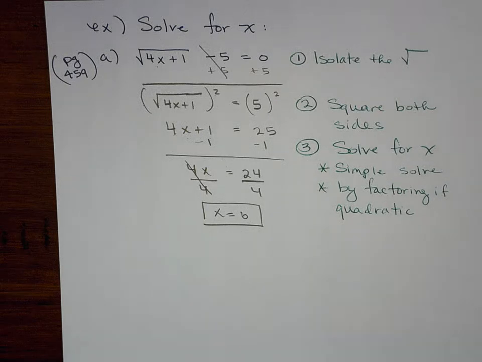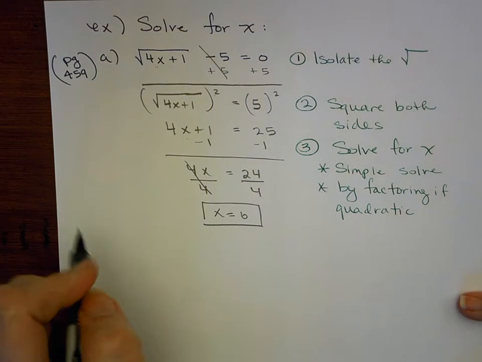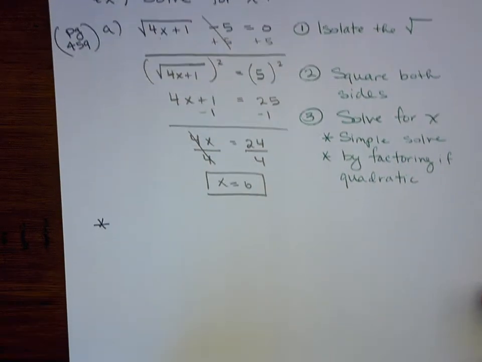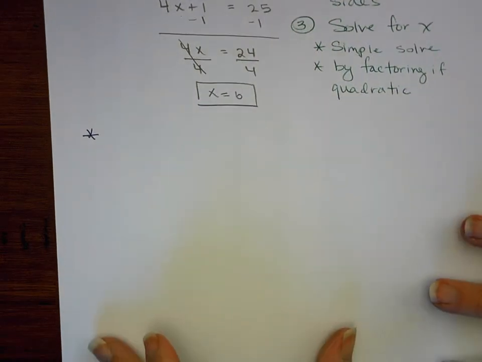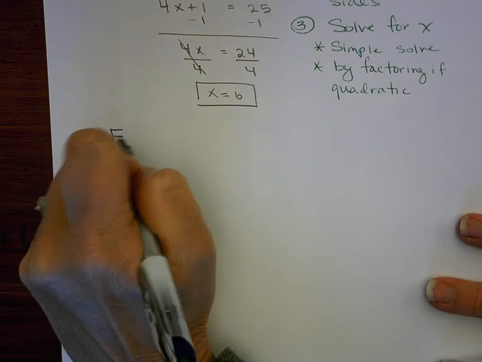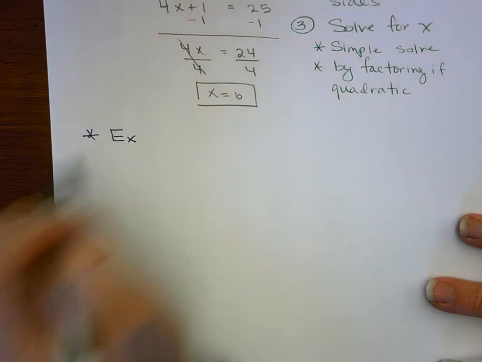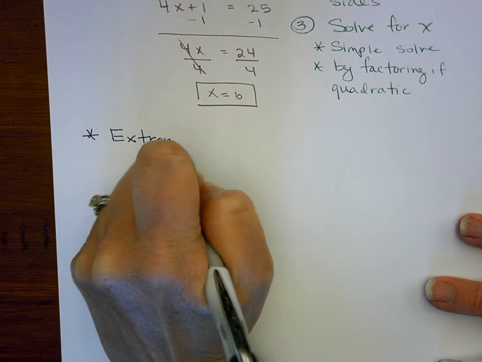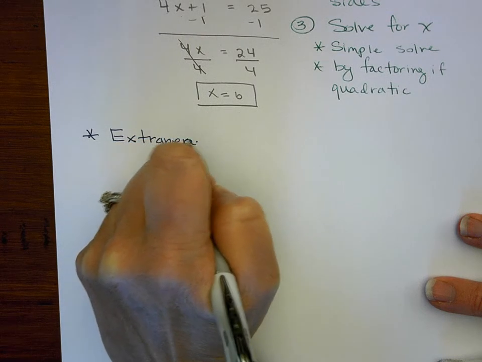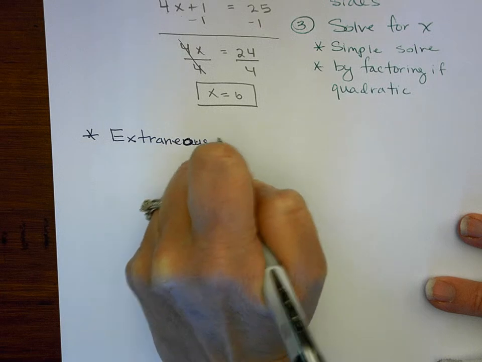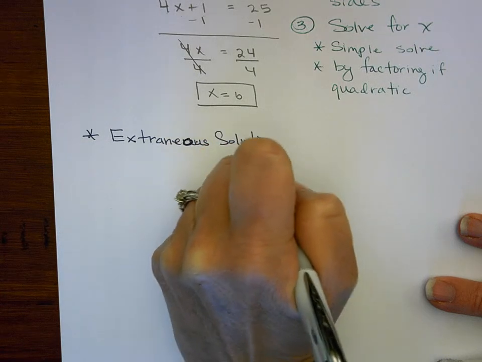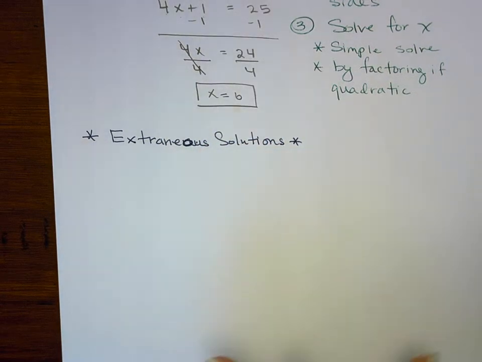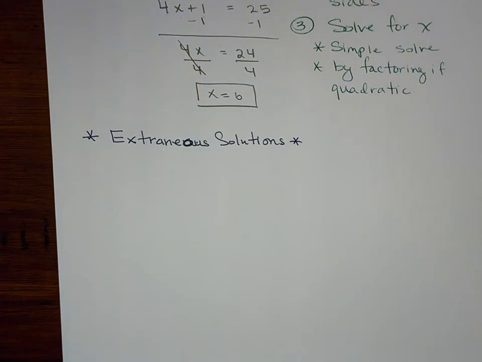Okay, so I'm going to talk real quick here about extraneous roots, because that's going to be for our next step here. Oops, spelled this correctly. That's an O. Okay, so we're going to be creating something called extraneous solutions or extraneous roots.